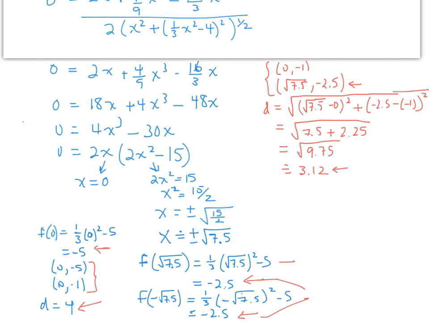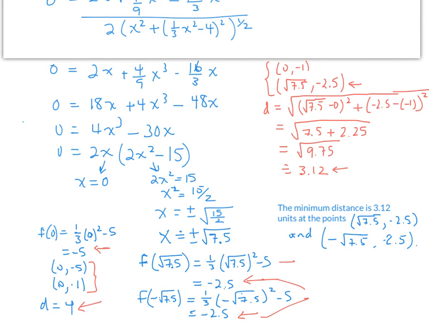So there are 2 points on the curve that would minimize the distance between points on the curve and the point 0, comma -1. So I'll write my therefore statement and we'll be done. So I've written my therefore statement, and we have our minimum, our points at which we do have that, the points that are the closest to the 0, -1 point.